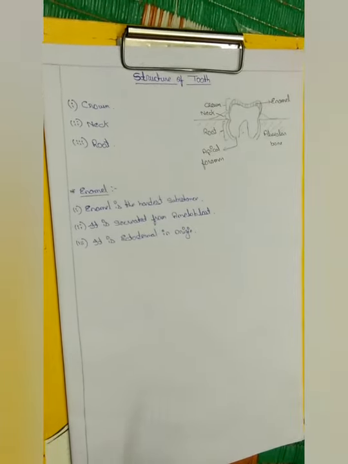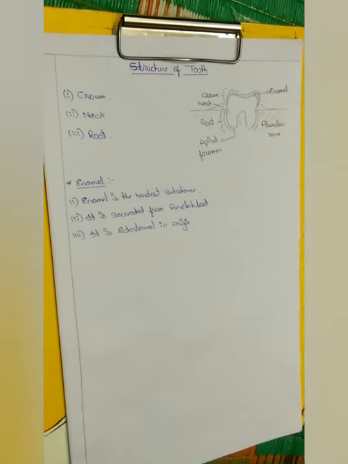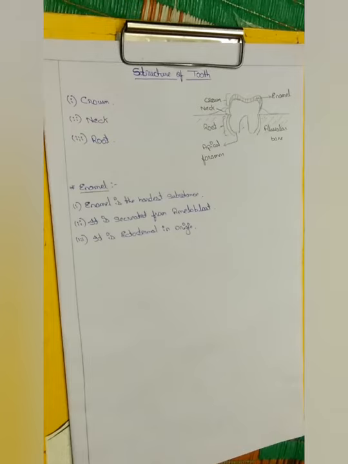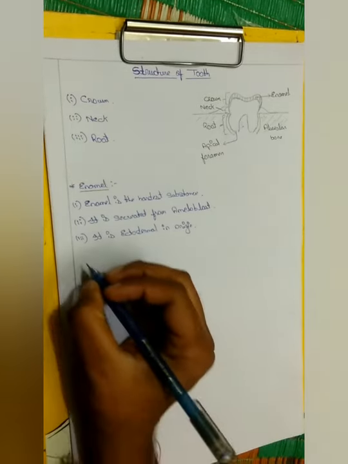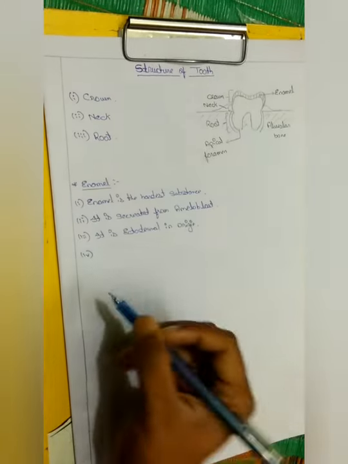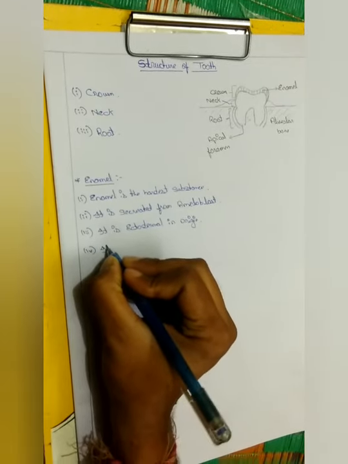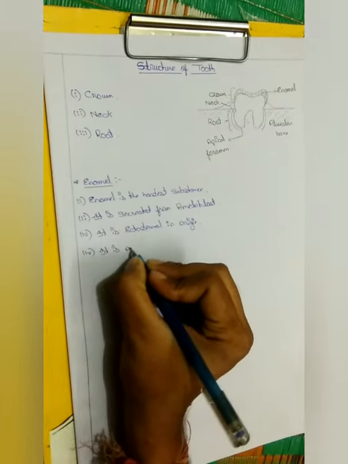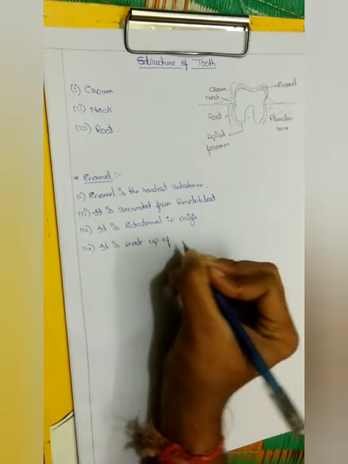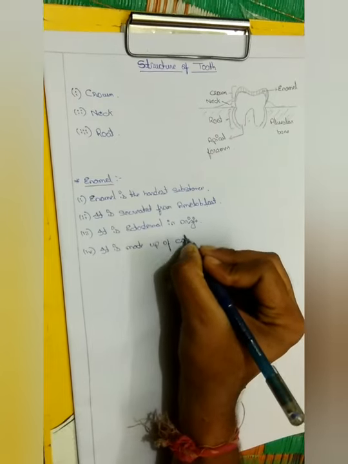Enamel is made up of calcium phosphate and fluorides.